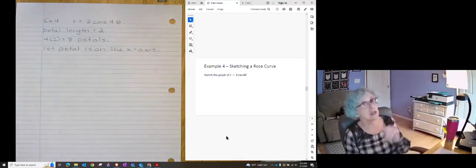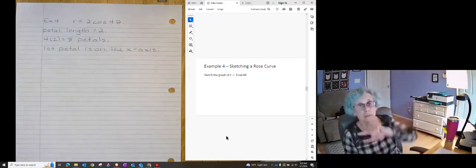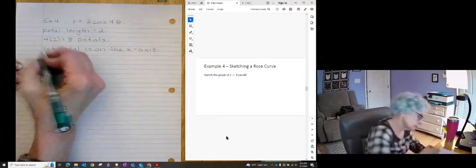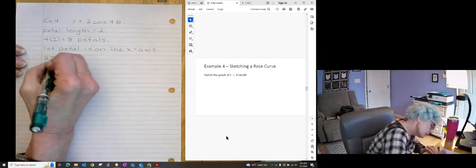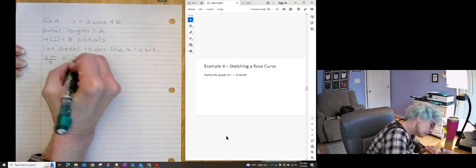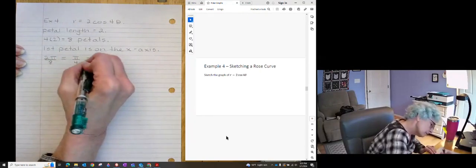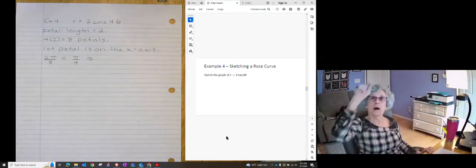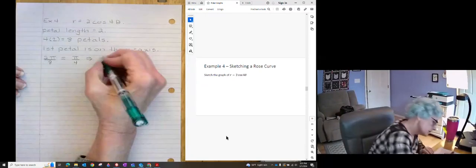Now, since I know there are 8 petals and there's 2 pi radians around the circle, that means there is a petal every pi over 4 radians.